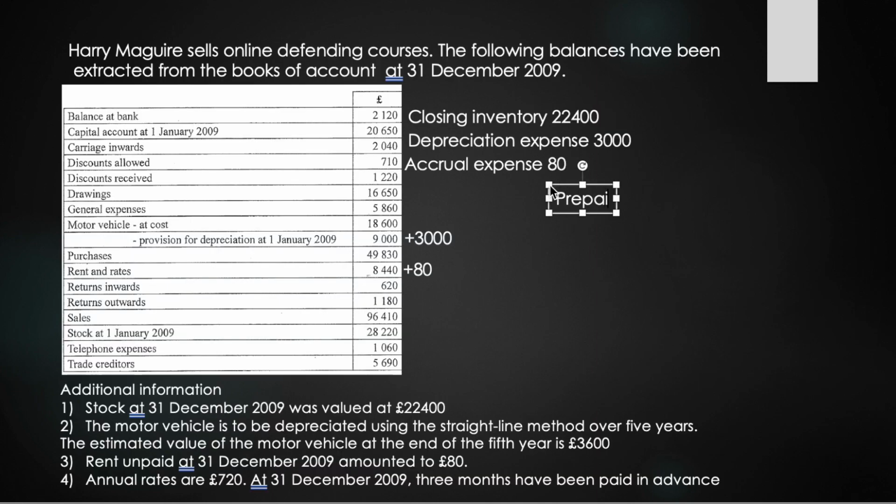So what we do first of all is 720 divided by 12 to get a month of rates, and then we times it by 3 to see what our prepaid expense is, what we've paid in advance. So we get £180. So £180 is prepaid expense. We put it next to the balances and we label it as prepaid expense so we don't forget about it. And then we also subtract 180 from rent and rates because we only include amounts that we should have paid. And this gives us 8,340.